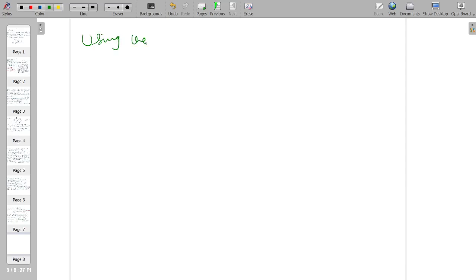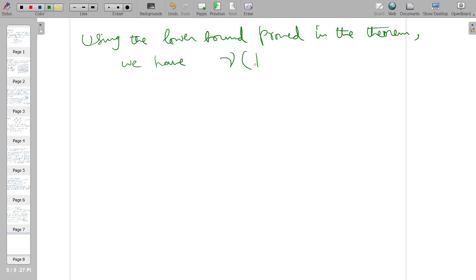Using the lower bound proved in the theorem, we have the domination number of a path Pn as the ceiling of n by 3. See, now you can see this.